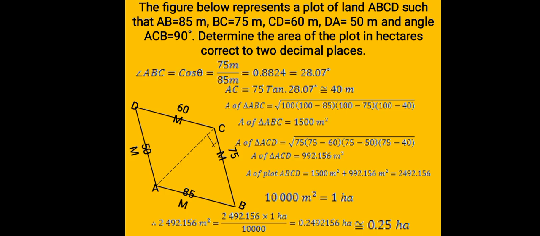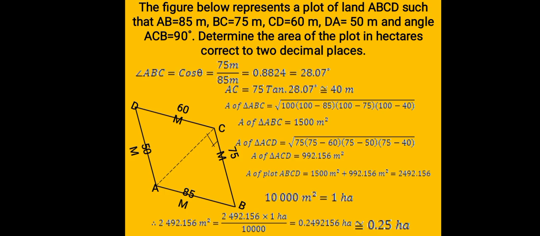Now, the area of triangle ABC, we shall add all the dimensions of the triangle, that is 85 plus 75 plus AC, which we found to be 40 meters, and then get a half of the total, that's the semi-perimeter, and the semi-perimeter is 100. So we take 100 into 100 minus 85, that's the one side, and then 100 minus 75 the other side, and then 100 minus 40.